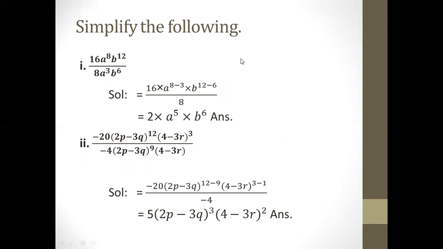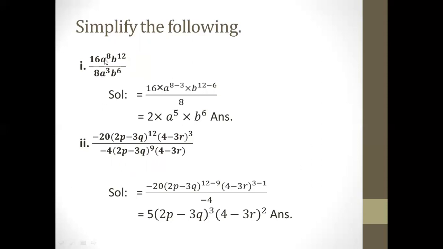Now students, we have to simplify the following. First question, 16 times a raised to the power 8, b raised to the power 12, and in denominator we have 8, a raised to the power 3, and b raised to the power 6. Now let's start solution. Here you can see we have 2 like bases, but whenever we have 2 bases in division form, then we will use which law?